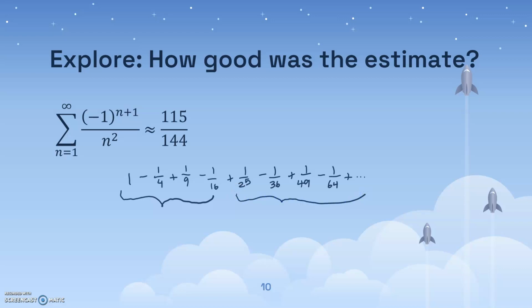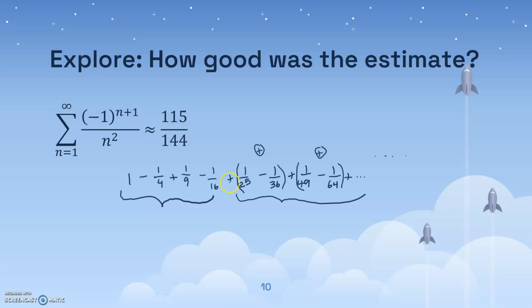So here's one way of thinking about whether our estimate was too big or too small. If we group our terms in groups of 2, because a 25th is bigger than a 36th, this value would be positive, and same with this value, and actually infinitely on forever, those values would all be positive.